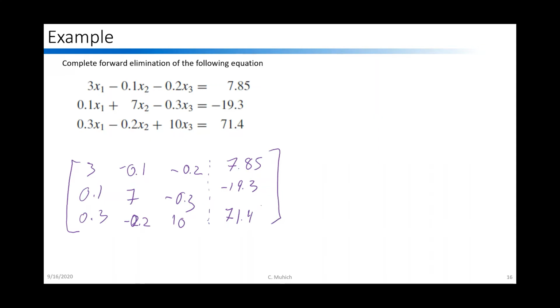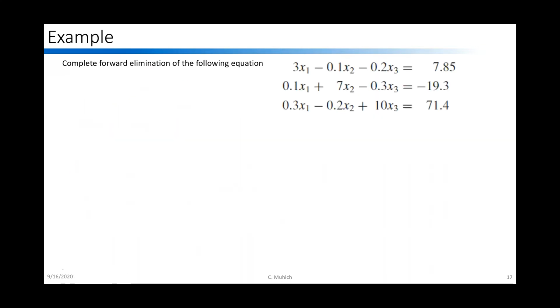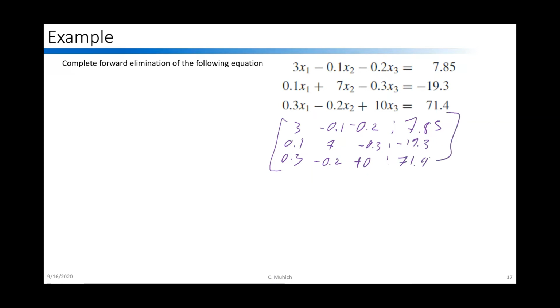So let's see how we're going to do this. Once again, I can write out very briefly that matrix we're going to want to operate on. Let's work on the first 2 rows.